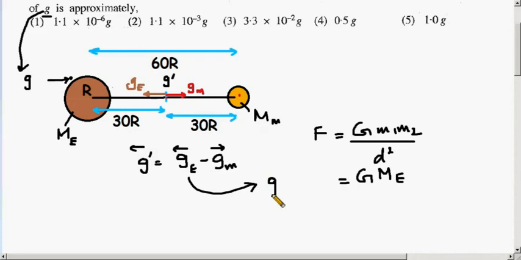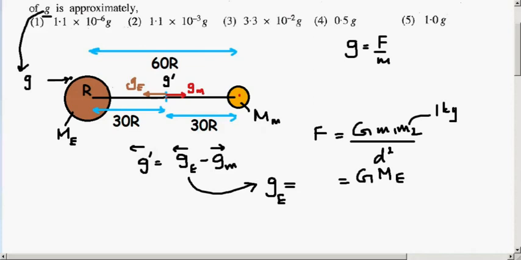What is g Earth? g is defined as force per 1 kilogram. So therefore, this m2 is now 1 kilogram.